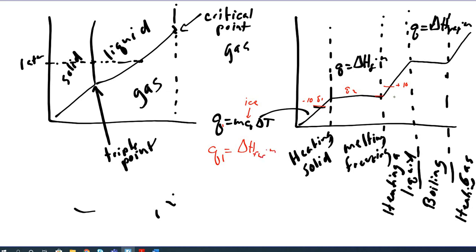And going from here to here would be 0 to 10. I would use Q3, which I'd go back to the mCp delta T, but I would use the Cp for liquid water. And that would be Q3. And then I just add them up.